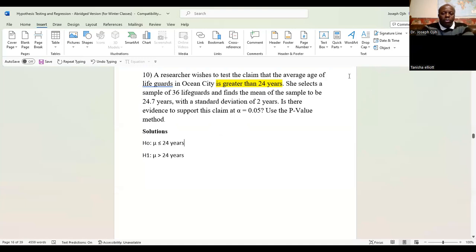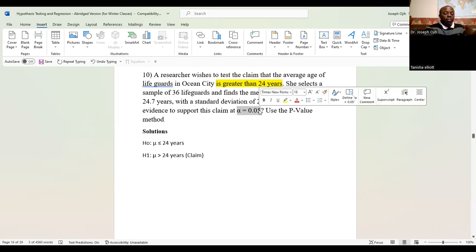He was trying to test the claim that the average age of lifeguards in Ocean City is greater, so that means the claim is right here. And our alpha is given as 0.05.